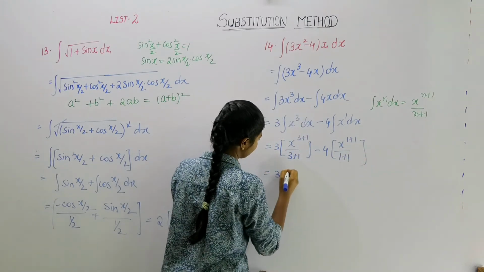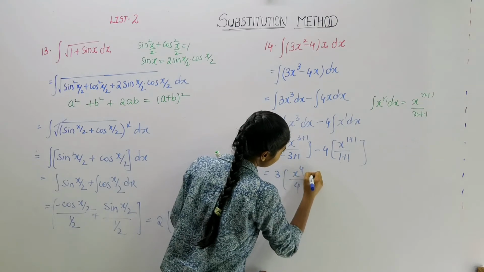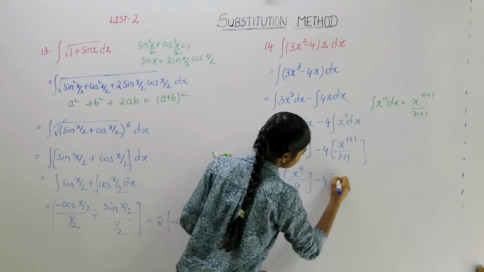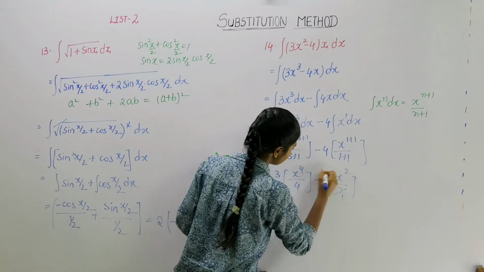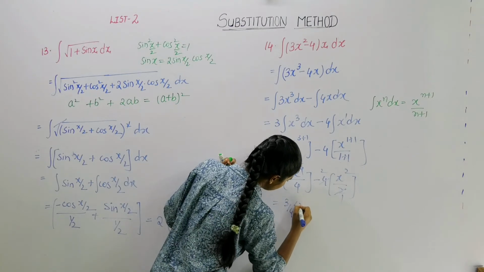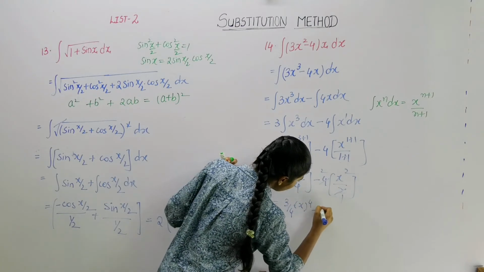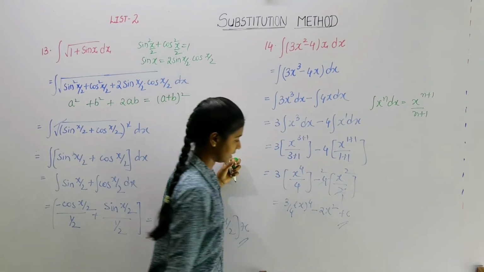Now on further simplification, we have x to the power of 4, 3 plus 1 is 4, minus 4 into x to the power of 2 by 2. Simplifying, the 2 ones are and 2 twos are. Finally we have 3 by 4 into x to the power of 4 minus 2 x square plus c. This is the final answer.